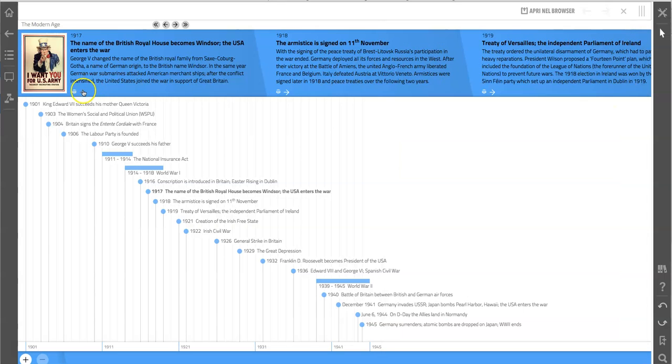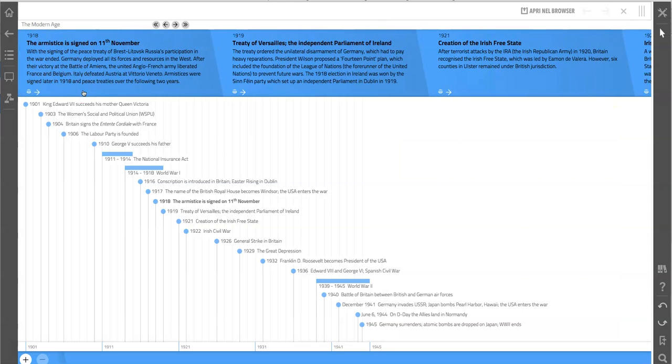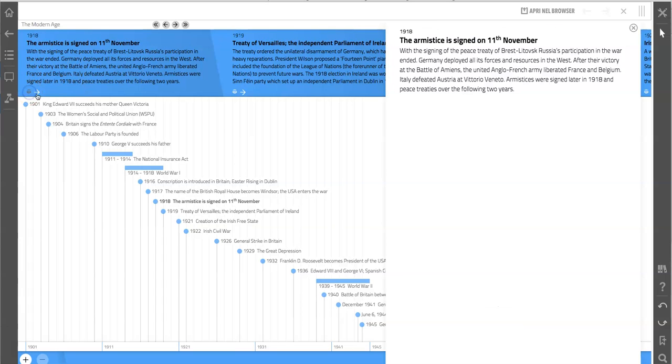Very good. The next event. The next event is the armistice, which was signed in 1918. The armistice is like a temporary ceasefire, and was signed on the 11th of November.